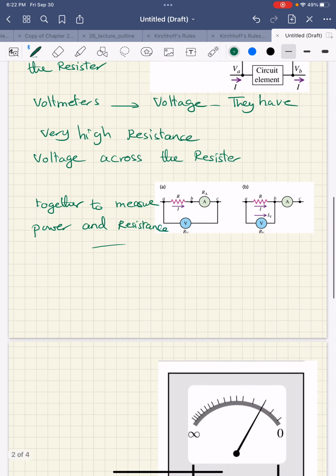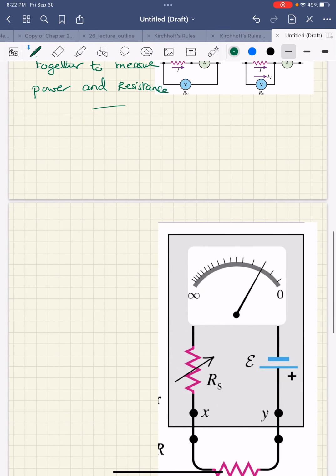Now, there is another device that we might use, which is an ohmmeter. The ohmmeter is measuring resistance.